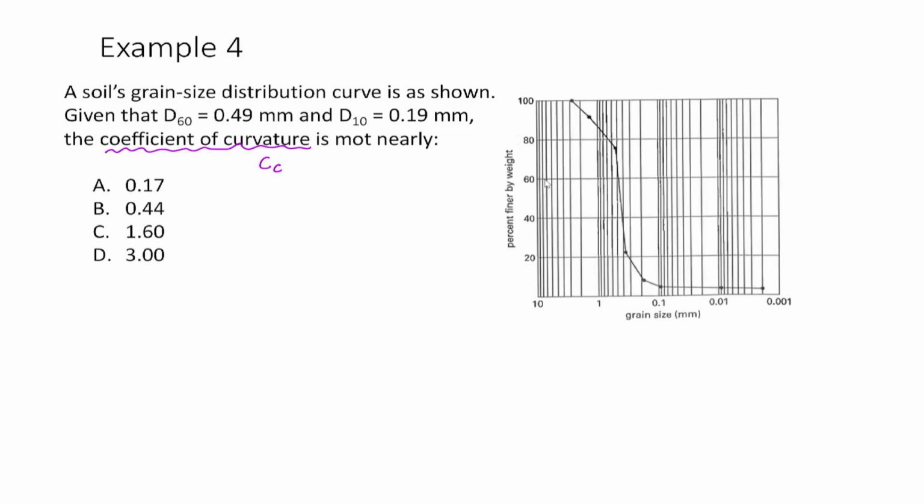C sub C is used a lot in the grain size distribution and also the soil classification, but it's not an equation that we would be using every day. So this is the part that you might want to look into the reference manual. And so let's look at the reference manual real quick and find the definition of the C sub C.